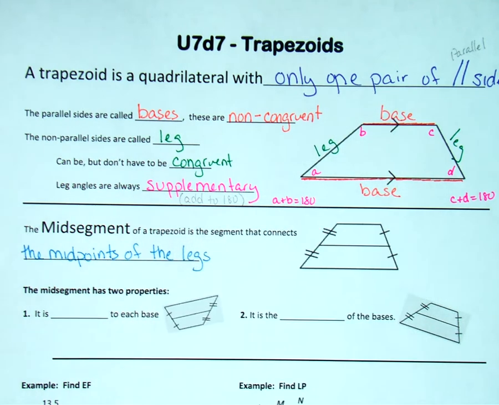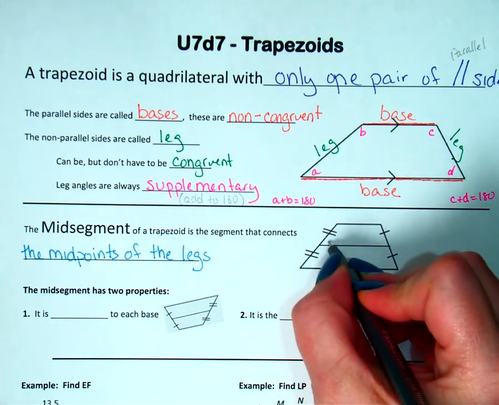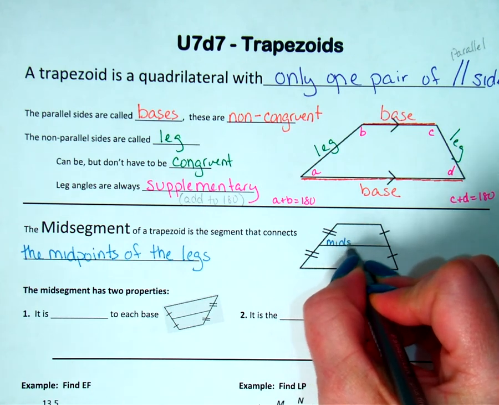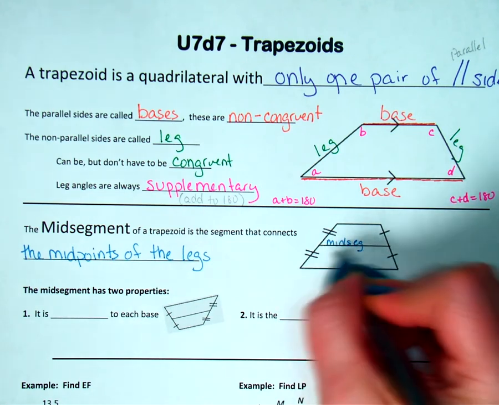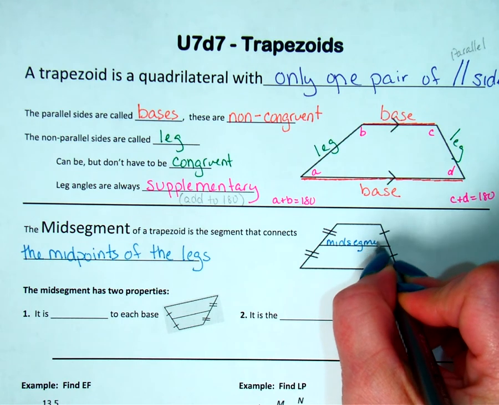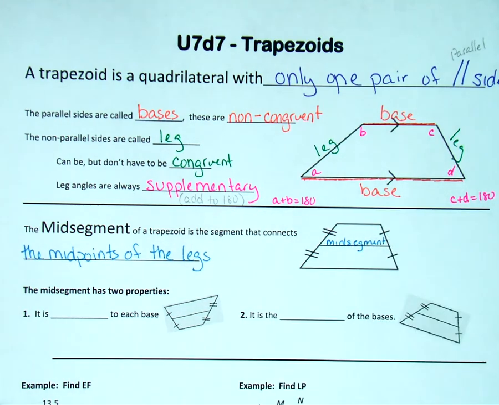Whereas on a triangle you can draw 3 midsegments, in a trapezoid, you can only draw one midsegment because there's only 2 legs to connect.